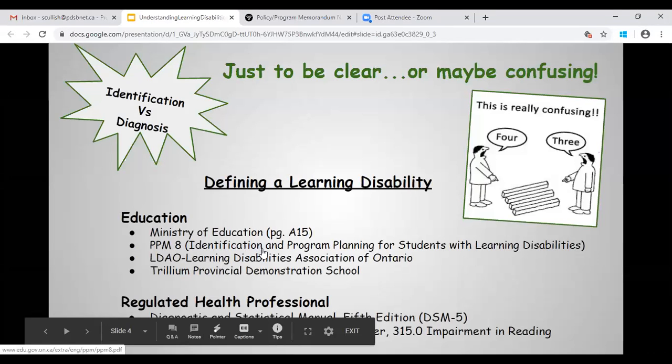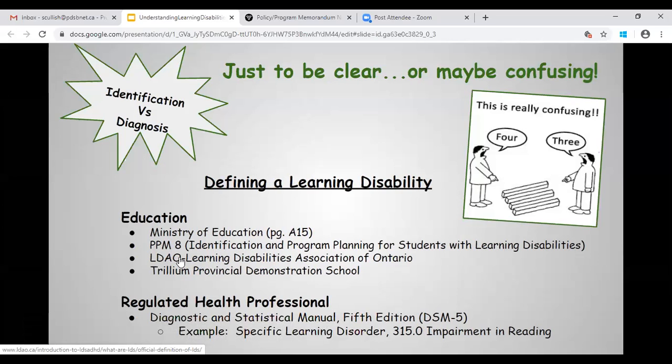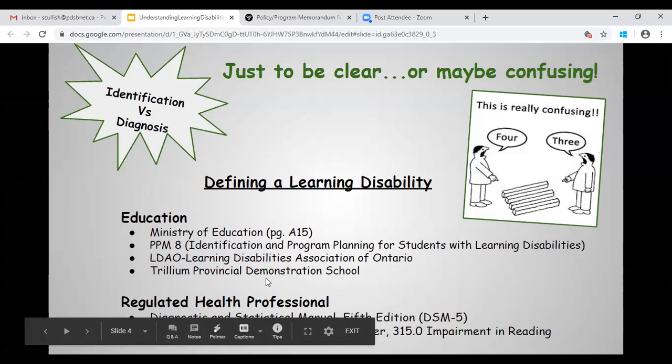And then there's the LDAO definition, and the Learning Disabilities Association of Canada definition, and at Trillium Provincial Demonstration School, I just put that in there. We all use the same definition. So within education, if you work across school boards, you can pretty much see people following what's in PPM 8 because it's quite specific and tells us really what we're looking for.